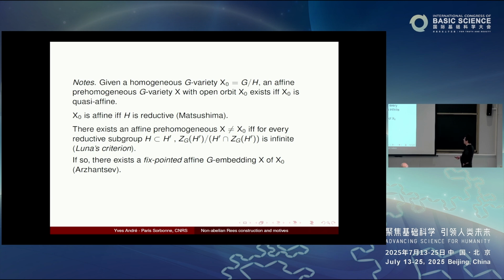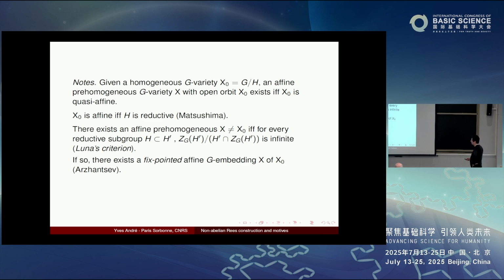Then there exists an affine pre-homogeneous X which is different from X naught if and only if for every reductive subgroup H' of H, the centralizer of S' in G, modulo the intersection of H' with this centralizer, is an infinite group.